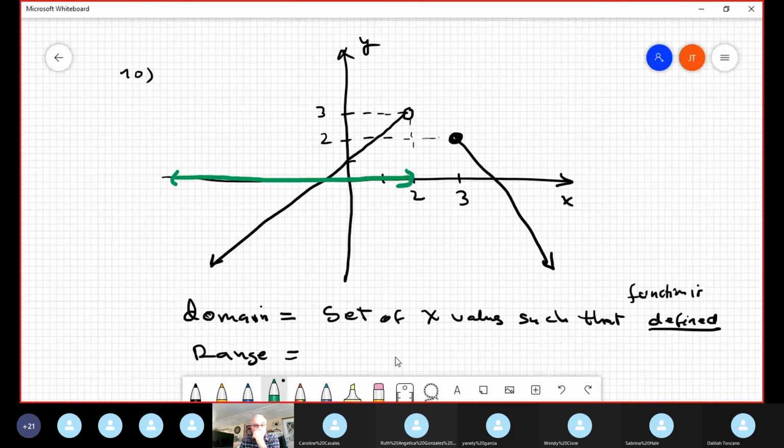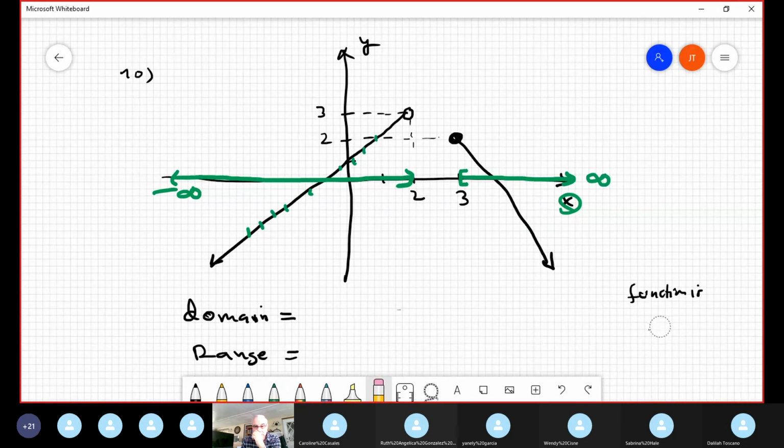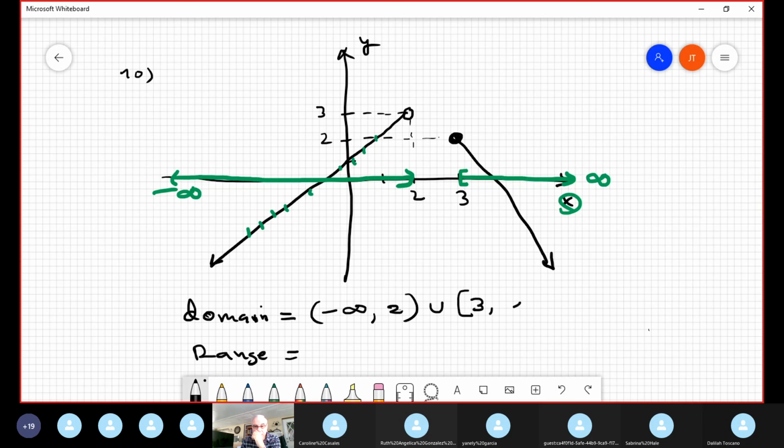Don't include 2. Remember, you're projecting any point on the curve onto the x-axis, because it's the domain. Likewise, this is a bracket here to infinity. So the domain actually is parenthesis minus infinity, comma 2, parenthesis, because at 2 it's undefined, union, bracket 3, comma, infinity.